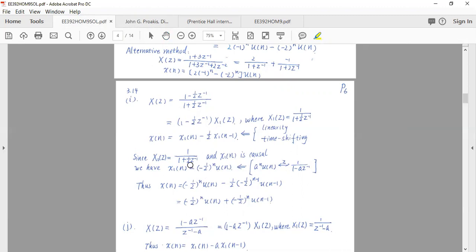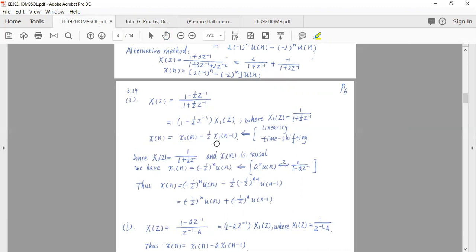Now we can take this signal and substitute it into this x of n signal to find the actual x of n signal. So basically x of n is equal to, in place of x1 of n, we replace this particular term. It is negative half to the power of n u of n. Then it is minus, so we keep the minus, we keep the half, 1 half.